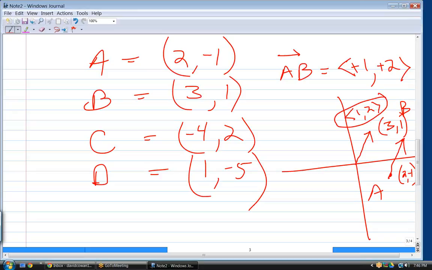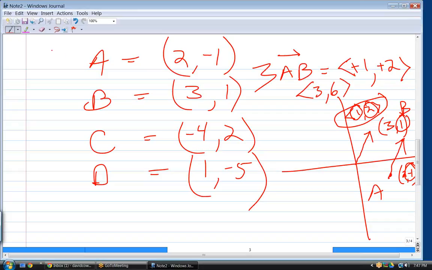So it's going to be the x-coordinate of B minus the x-coordinate of A for this number, and the y-coordinate of B minus the y-coordinate of A for this number. Would you always subtract the first letter from the second letter? Yes. And then if you want 3AB, that's just multiplying a vector by 3. So that would be 3, 6.